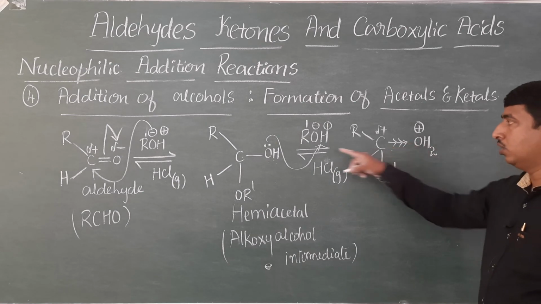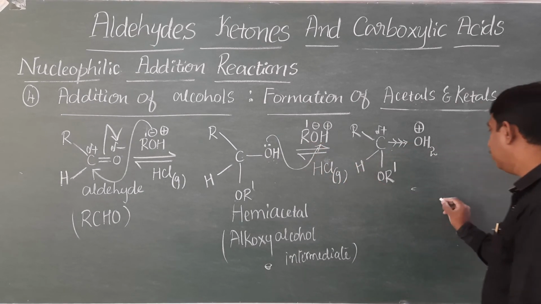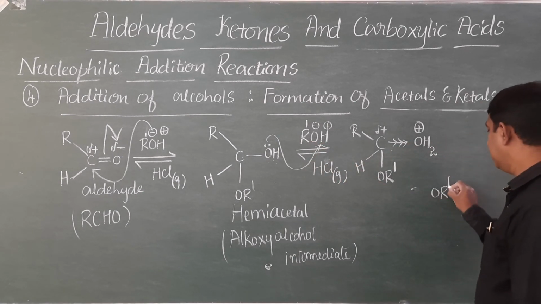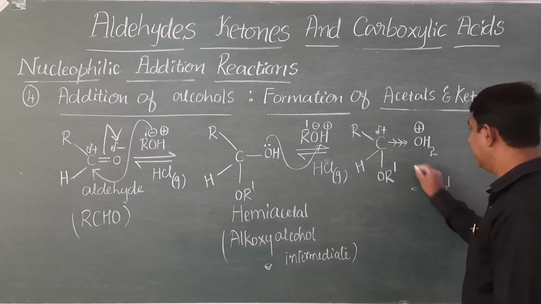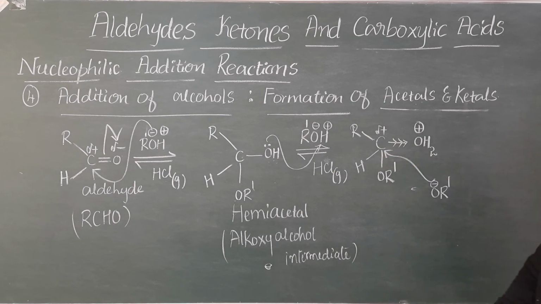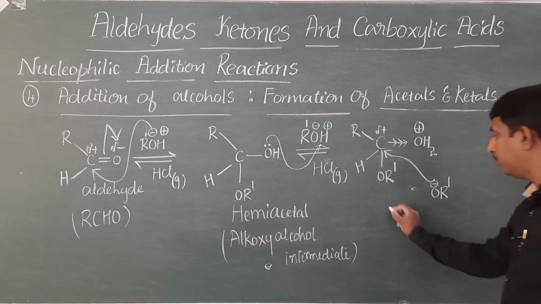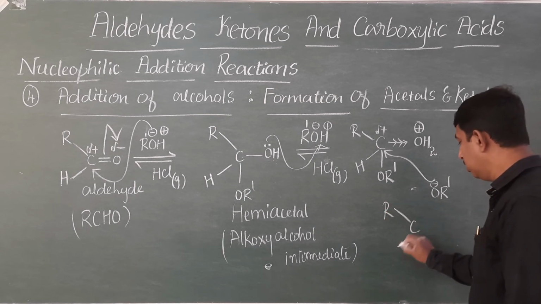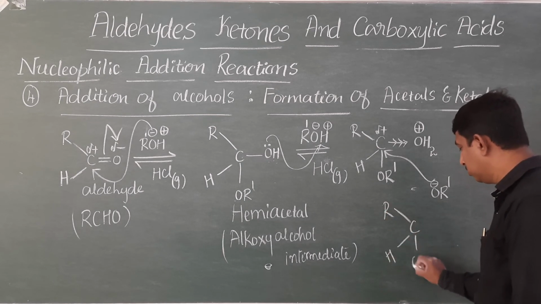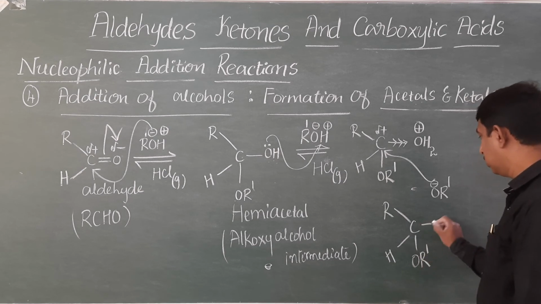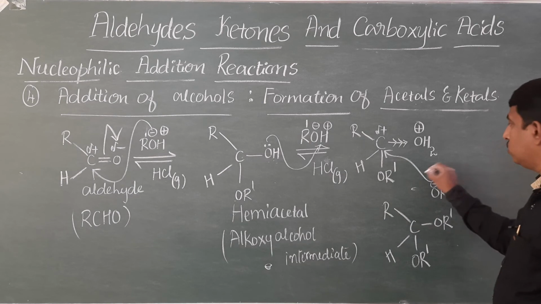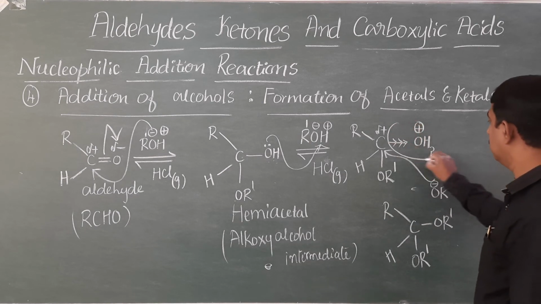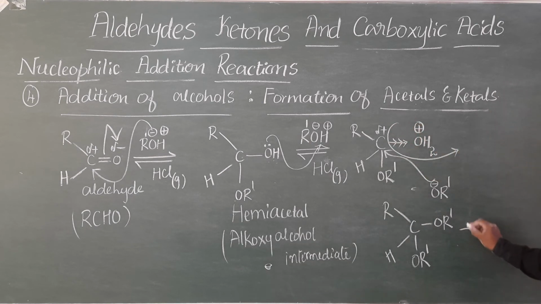Now the nucleophile, that is RO minus, or OR dash, readily attacks the carbon, forming R, C, H, OR dash, again OR dash. Once nucleophilic attack takes place, this group will be eliminated, that is H2O. Water will be eliminated.